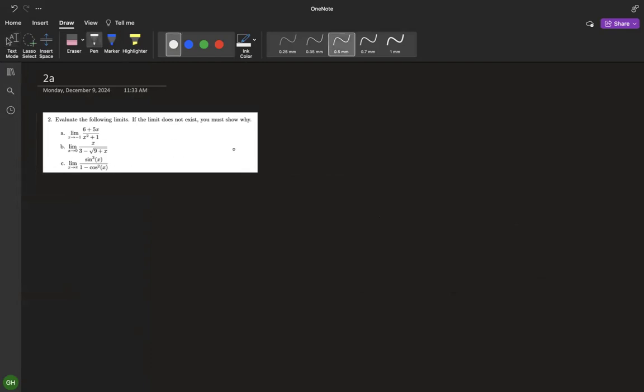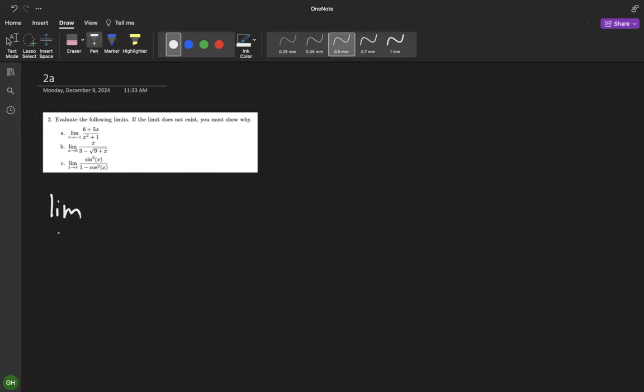These should be somewhat familiar. The first thing we should always try, if able, is direct substitution. As long as we're looking at something that is continuous on its domain, we can try direct substitution. So anything other than absolute values and piecewise functions, we can just try direct substitution.